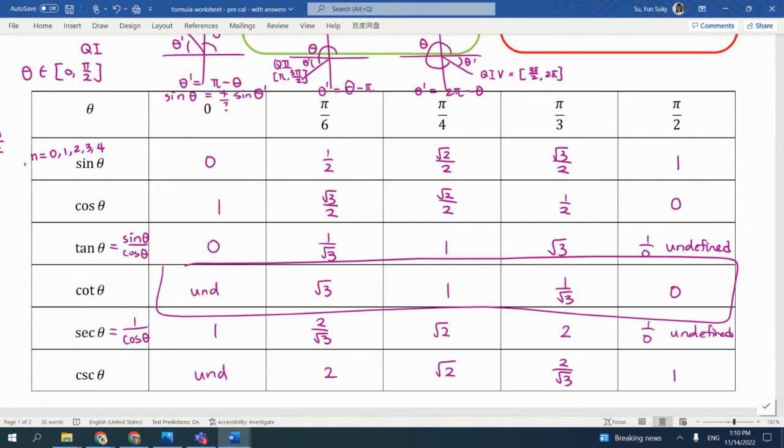At pi over 4 is 1. At pi over 2 is 0. And in quadrant 2, you use the reference angle to get those values. Because remember, in quadrant 2, sine is positive, cosine is negative, tangent is negative, and cotangent is negative. Alright, everybody? So you can use the reference angle to figure out those values.